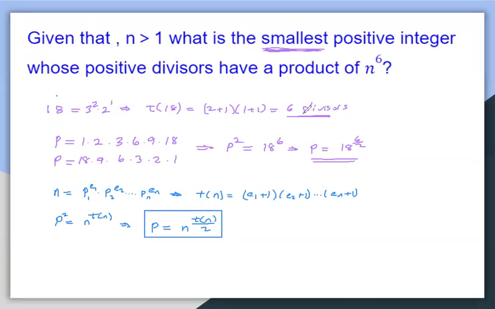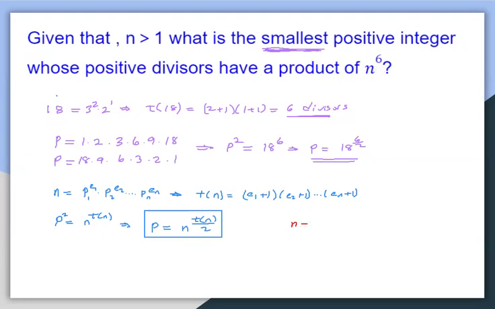Again, we have the sum of the divisors, we have the number of divisors, and now the product of the divisors. So how is this going to be useful? We want to find the smallest number, let's say that's n, such that the product is n to the 6th power. How do you find that?